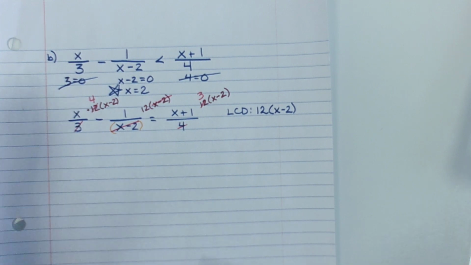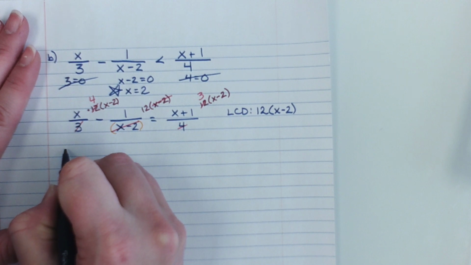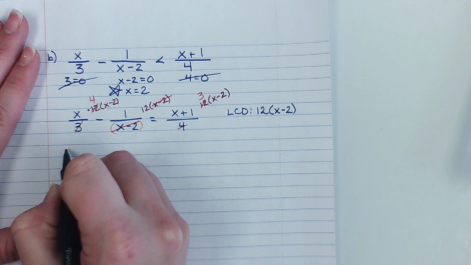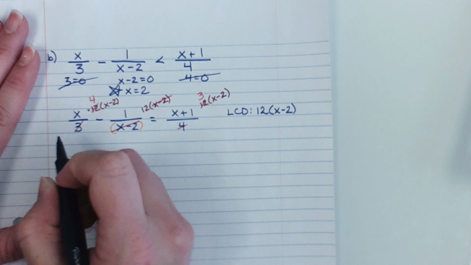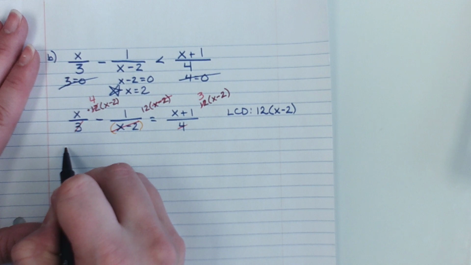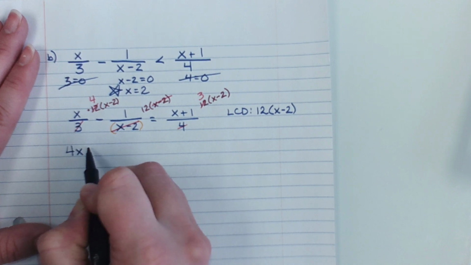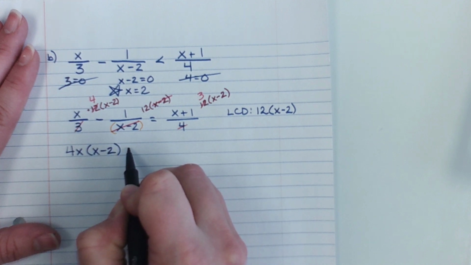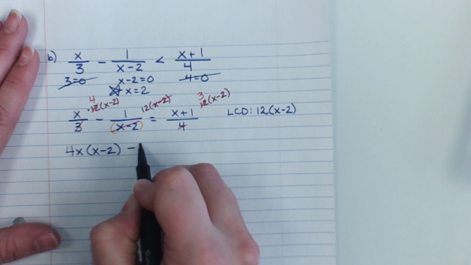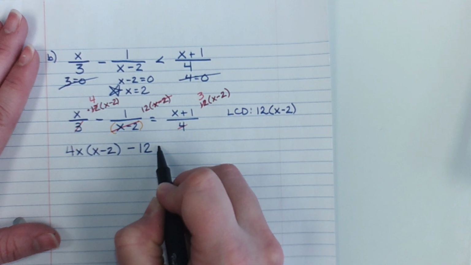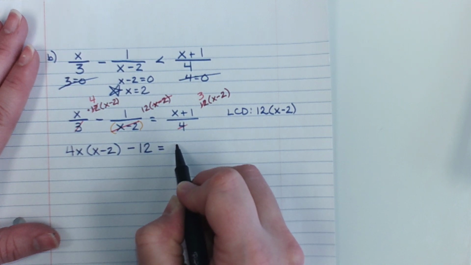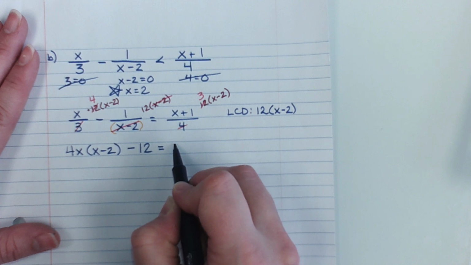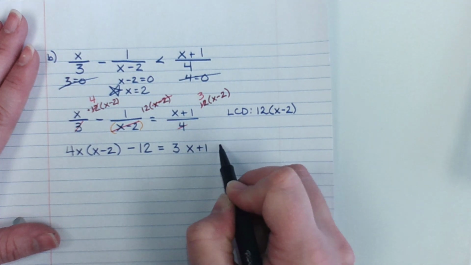Ian, what's my equation look like now? So I want to say 4x, and then the x minus 2 in parentheses, of course. Then minus 12, and equals, and then 3 times x plus 1 and then x minus 2 in parentheses.